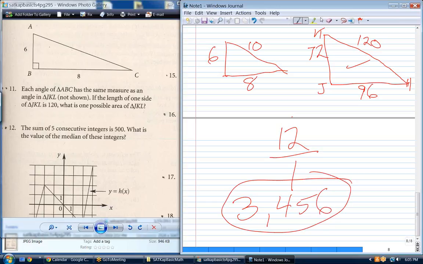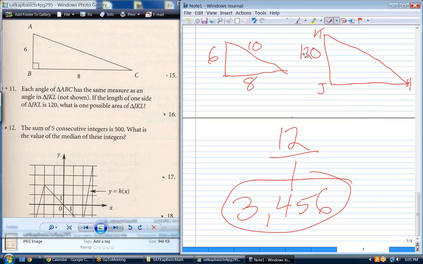Now, there's actually multiple answers here, because I could have chosen to let this side be 120. They just said if the length of one side is 120, and they might have truly meant one side. Well, I would let it be that side there, because 6 goes into 120 really nicely.